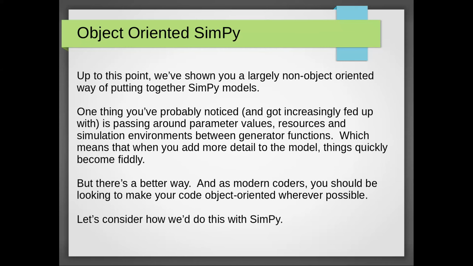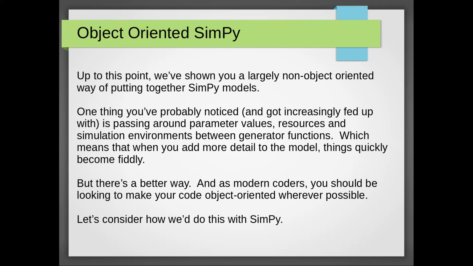You had to pass in all the inter-arrival times and the resources that you need and the activity times and the environment, and then the generator function for your arrivals would in turn have to pass most of that on to the journey. Now you can imagine, it was getting a bit of a pain just for modeling 2 or 3 activities in a relatively simple system. So you can imagine how much of a headache that would be if you try and create anything more complex. So the object-oriented approach will make this much more elegant.